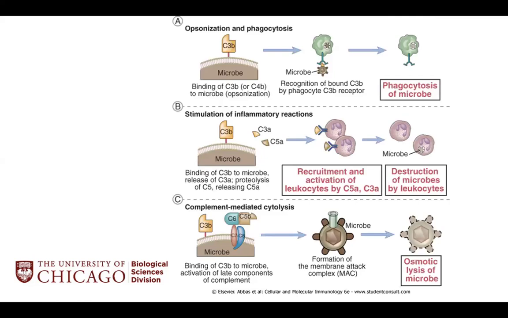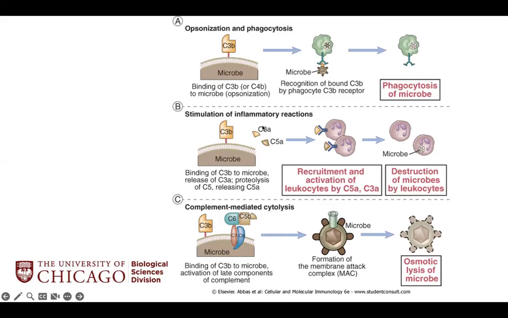Okay, so this is just a summary of all the different things that can happen from the complement system. I'm going to start at the bottom. One is complement-mediated cytolysis, where you are just punching holes from these MACs into the cell. The other is you can get stimulation of inflammatory response.